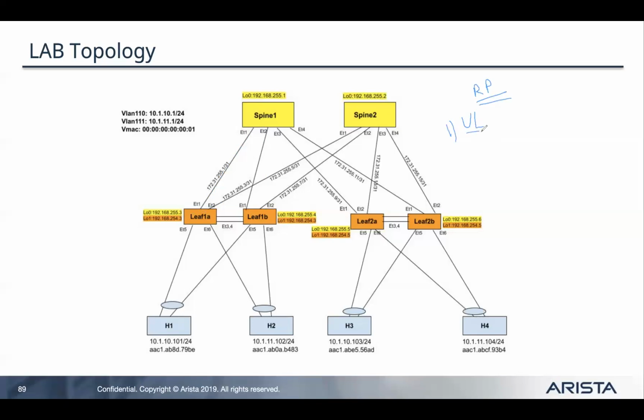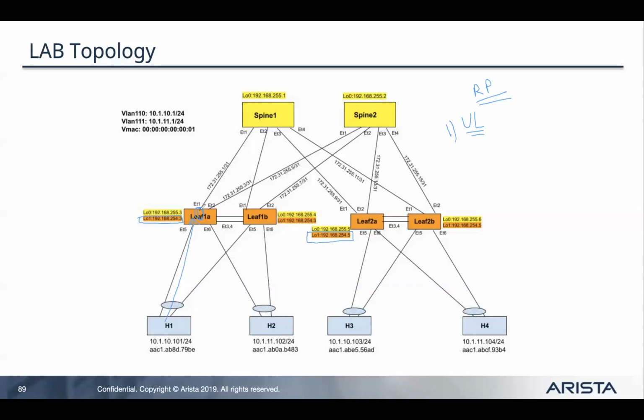Yeah. Underlay is what? What is underlay? It is to have connectivity towards the VTEPs. So when H1 sends the packet and you have to VXLAN encapsulate the packet, you use the source VTEP IP address as this IP address, and the destination VTEP IP as the other VTEP IP address.